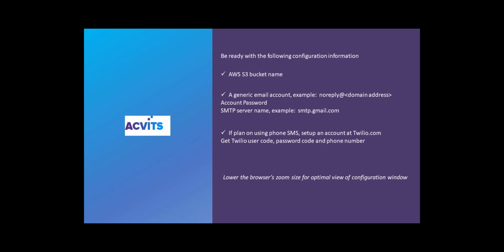For two-factor authentication, you can use email and phone SMS system or just the email service. If you plan on using phone SMS service, open an account with twilio.com. Get the user code, password code, and phone number. Now you are set to update application configuration.